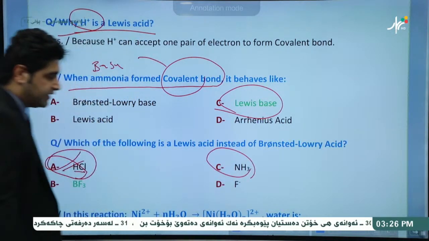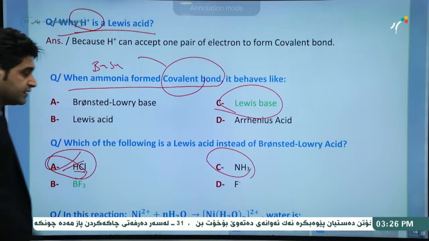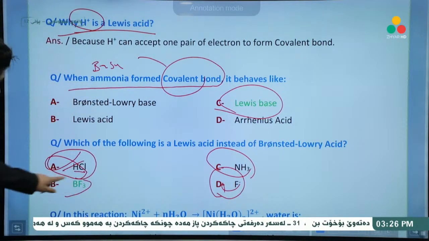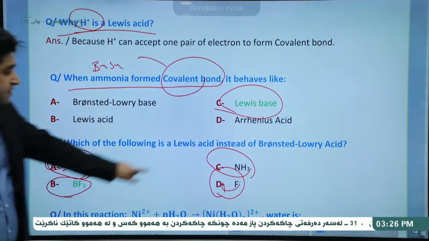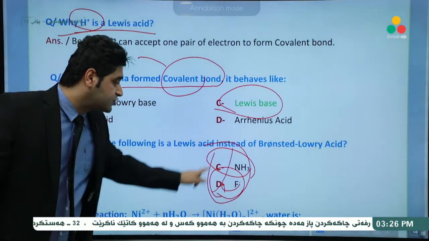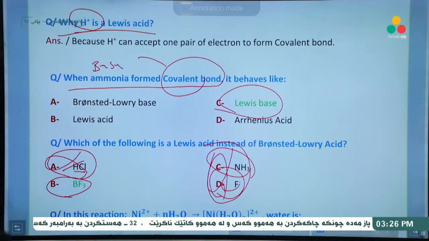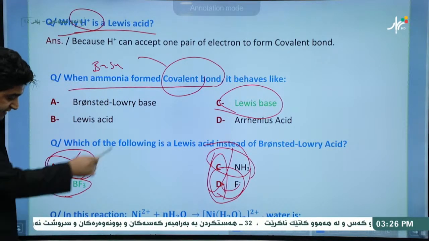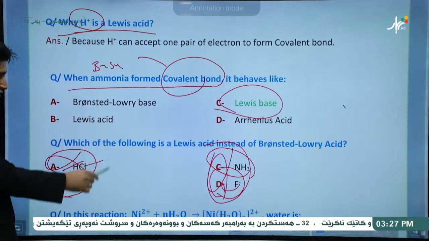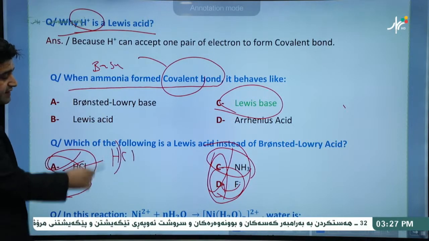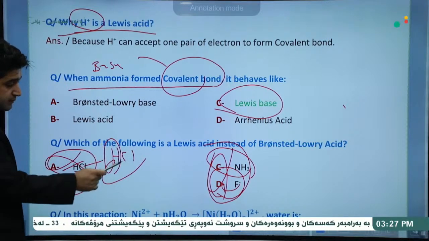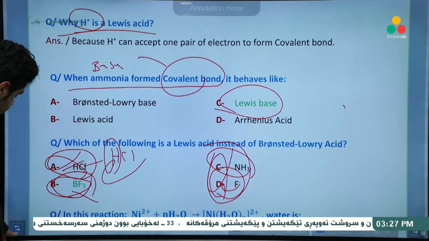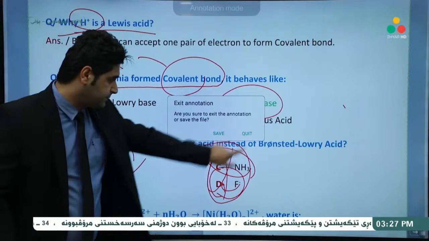NH3, no, NH3 can receive a proton. F minus, it's base, no. So the right answer is BF3. BF3 is Lewis acid. The others are base and totally wrong. So we only have to be sure about HCl. That's Lewis or Brønsted-Lowry. HCl can release its proton, so it will be Brønsted. But in here, no, it's only Lewis. That's why BF3 is the right answer.